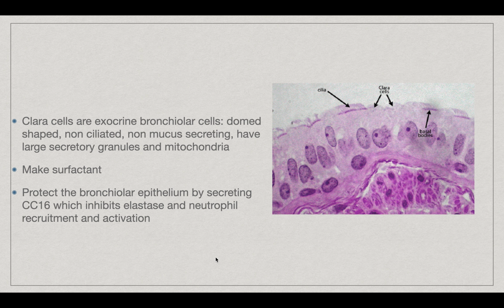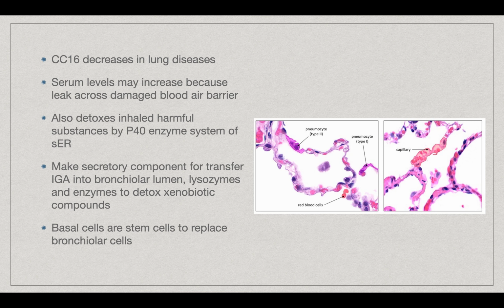And antitrypsin and trypsin are going to play a role in this too. So CC16 decreases in lung diseases, emphysema, COPD. The serum levels are going to increase because they leak across the damaged blood-air barrier. So CC16 is actually very useful.